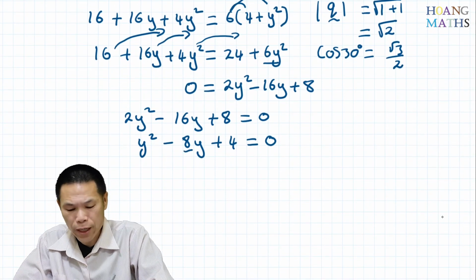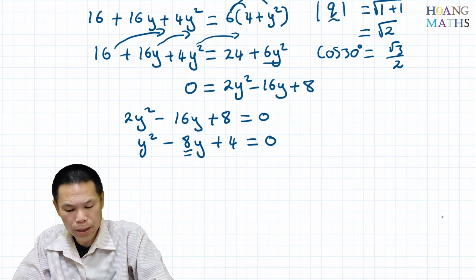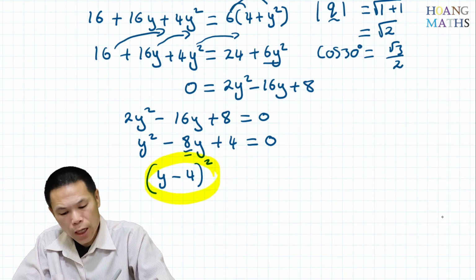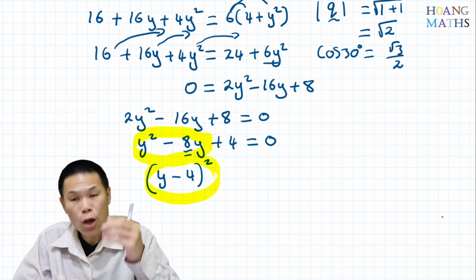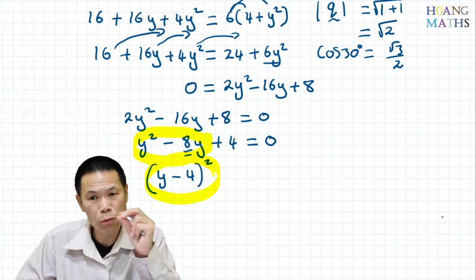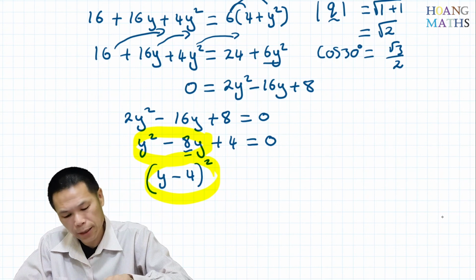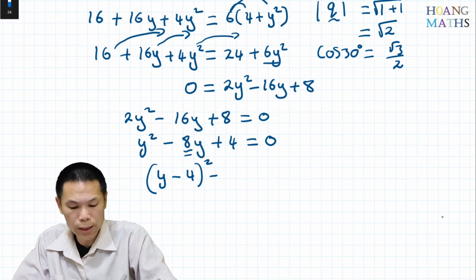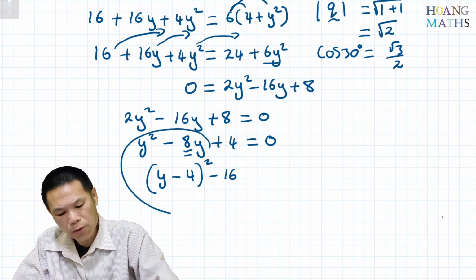So a half of negative 8 gives me negative 4. So y minus 4 squared. Now, if I expand this out, it'll give me exactly the same as this with the 4 squared extra. So I just minus it out, okay? So we'll balance it. Now I just minus the 4 squared out, which is 16. So that now is the same.